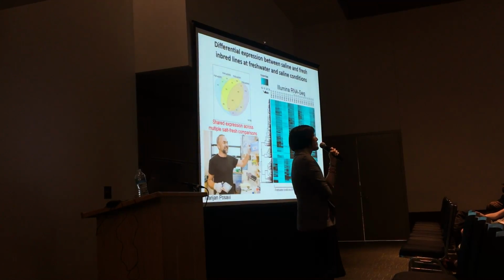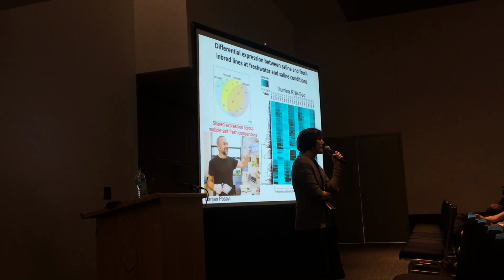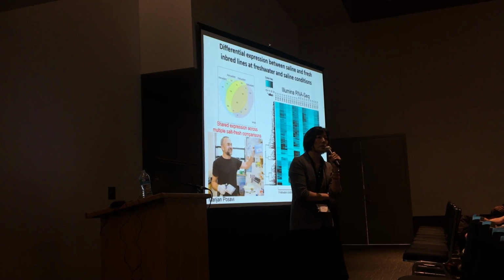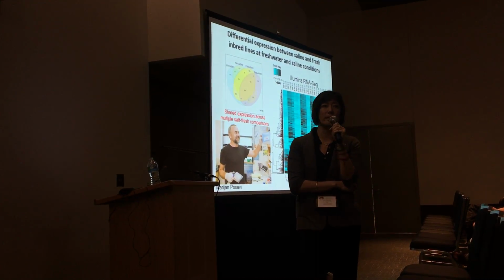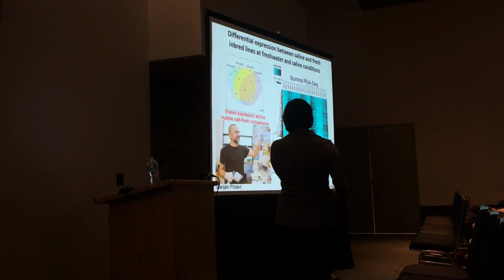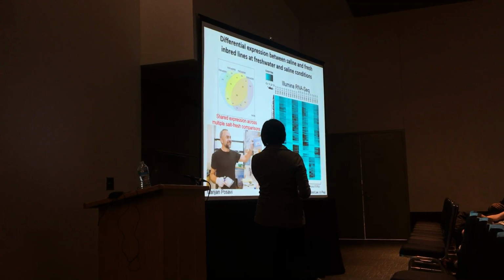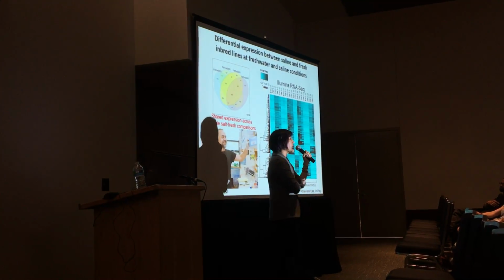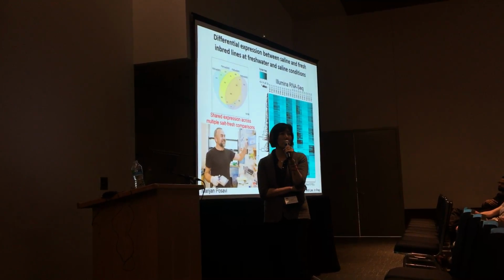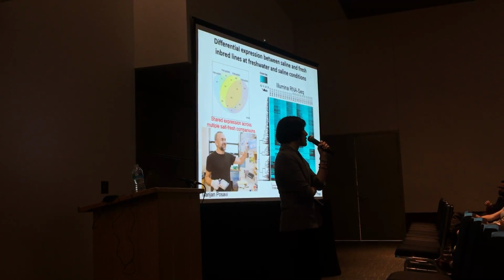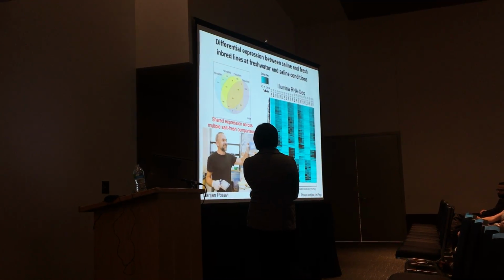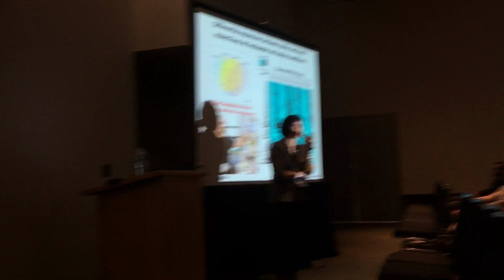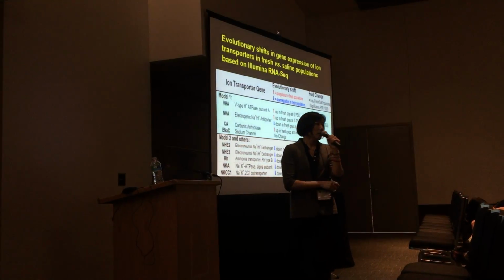And so to address these, to test these models, and also to determine the loci that could be under selection during saline to freshwater invasions, we performed comparative gene expression analysis using Illumina sequencing, conducting pairwise comparisons of expression between saltwater and freshwater populations. And we were interested in the shared expression between the multiple comparisons.